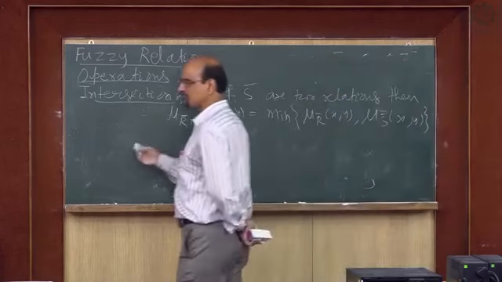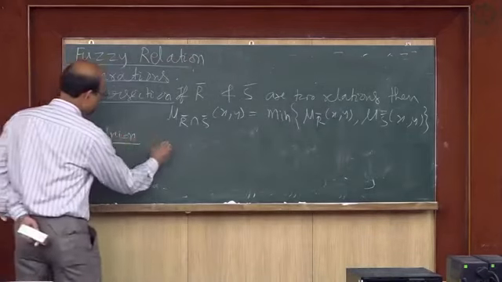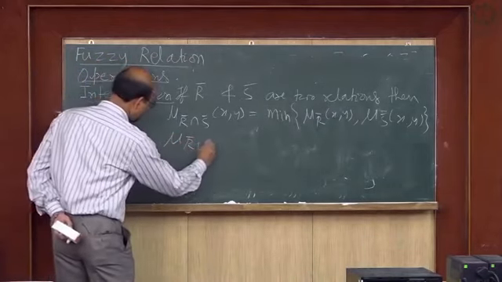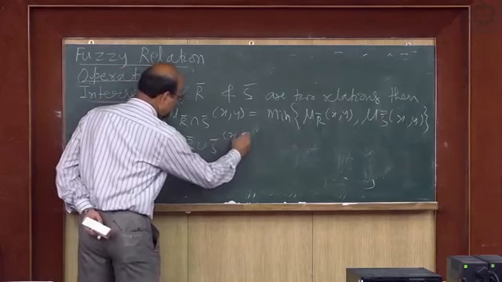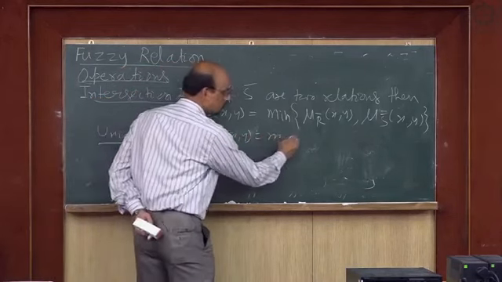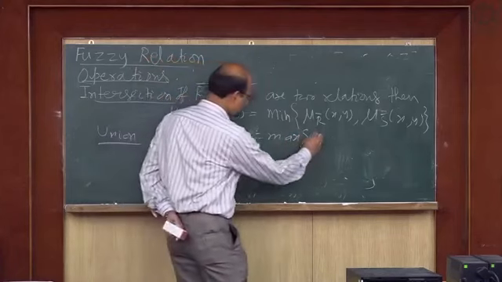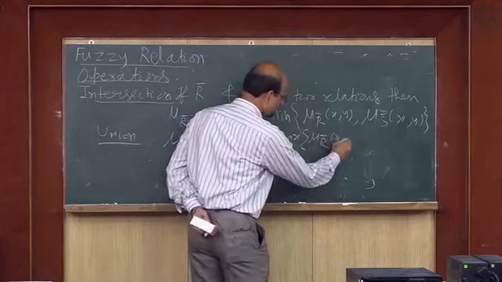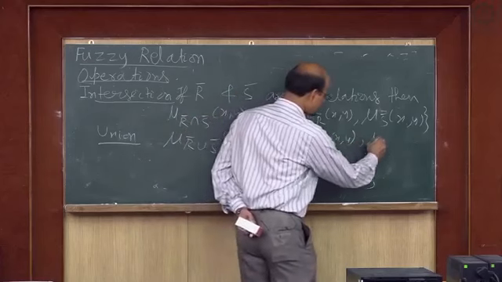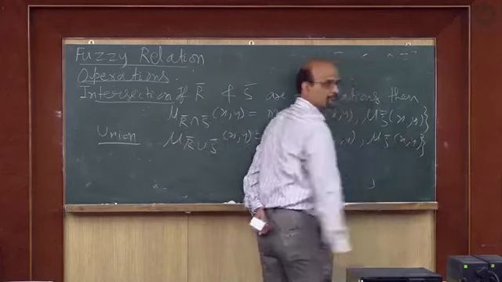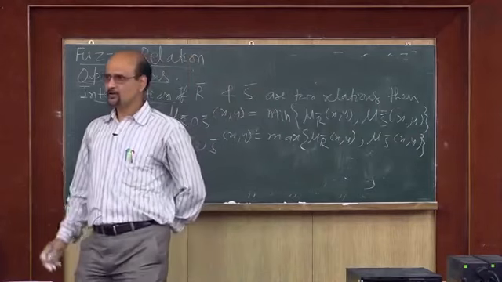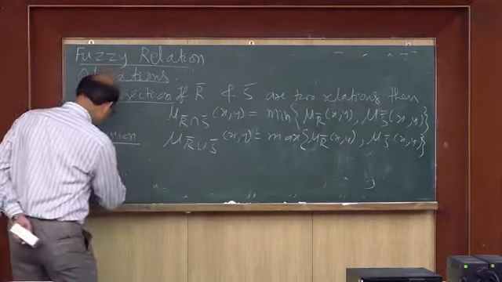Similarly, I can write for union: mu R bar union S bar at x y is equal to the maximum of mu R bar x y and mu S bar x y. We can also define complement.